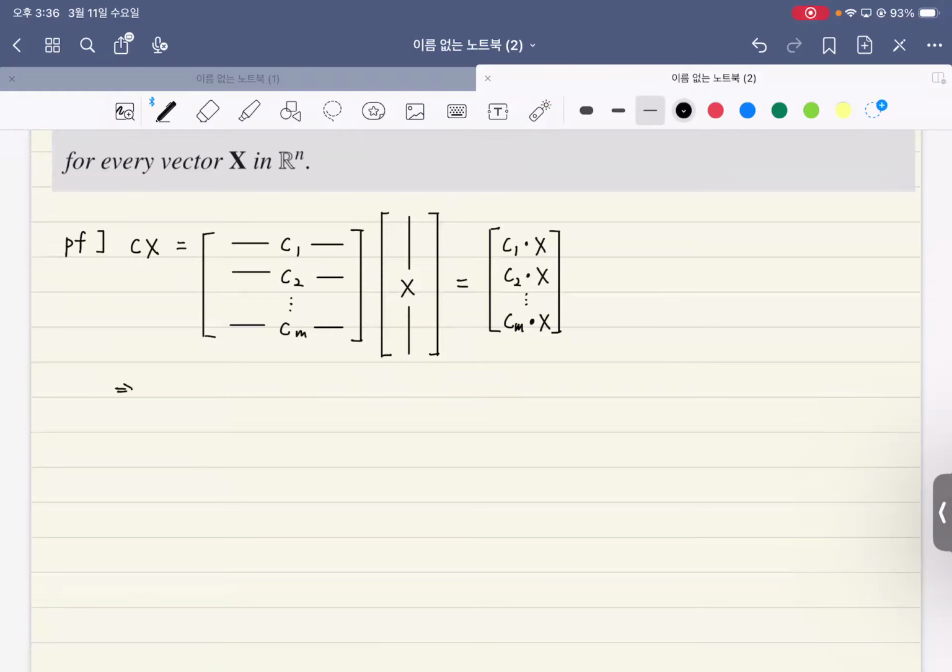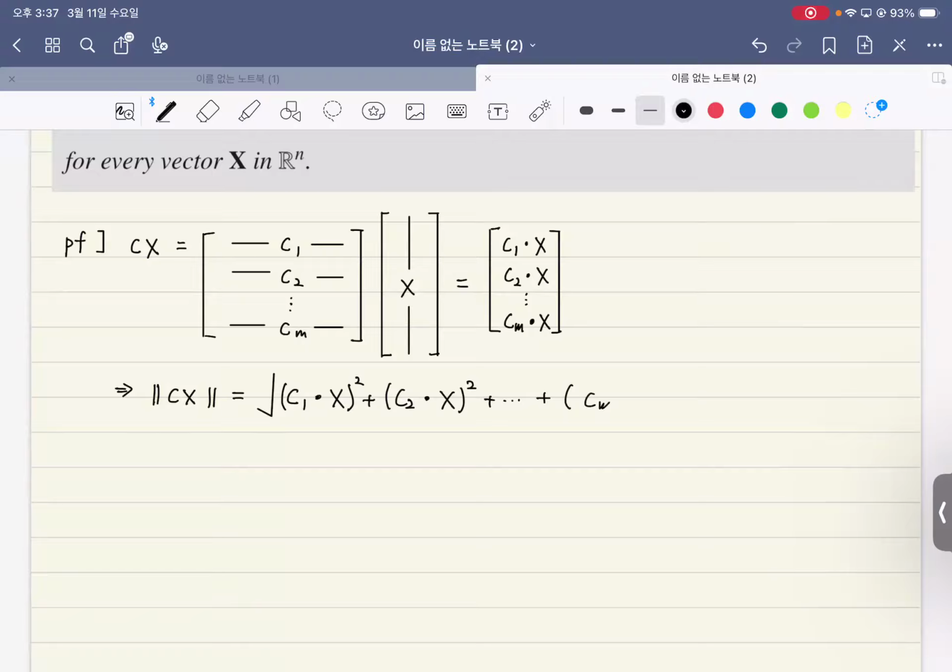So the length of Cx is the square root of C1 x squared plus C2 x squared plus Cm x squared. Oh, sorry, I should square everything.